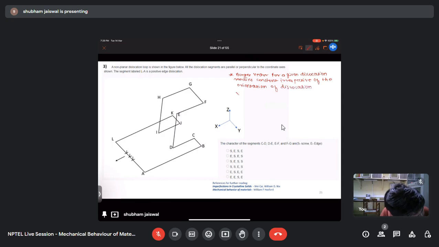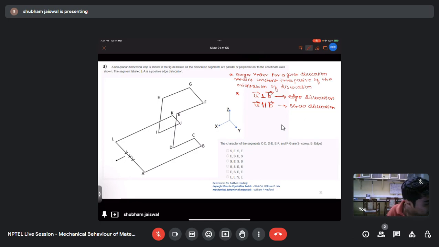This is the first thing. Second thing, if our line vector is perpendicular to the Burgers vector, then this is an edge dislocation. And if u is parallel to the Burgers vector, then it is a screw dislocation.